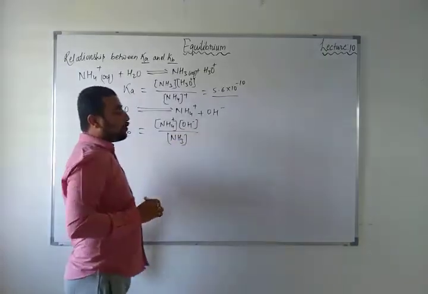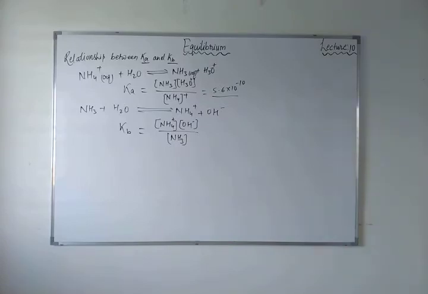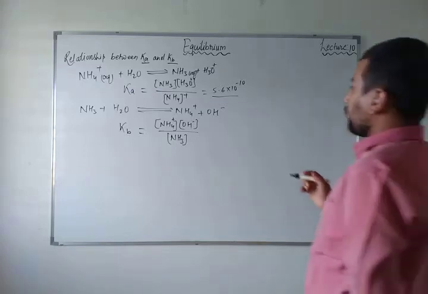So what will be the value of this ionization constant of the weak base? The value is 1.8 into 10 to the power minus 5.